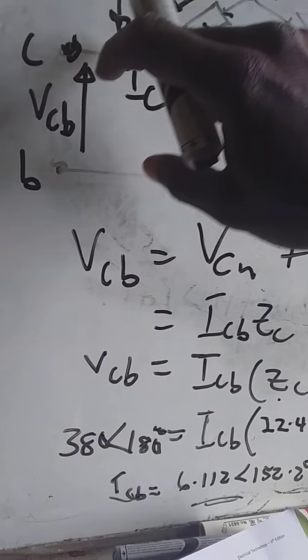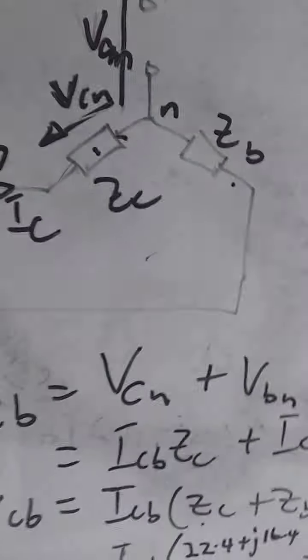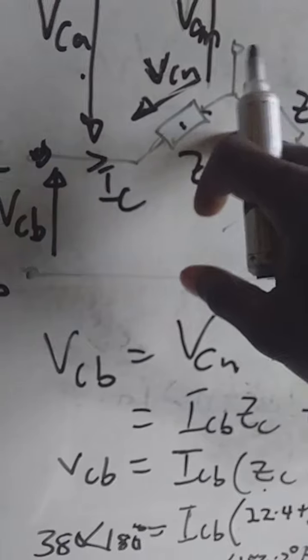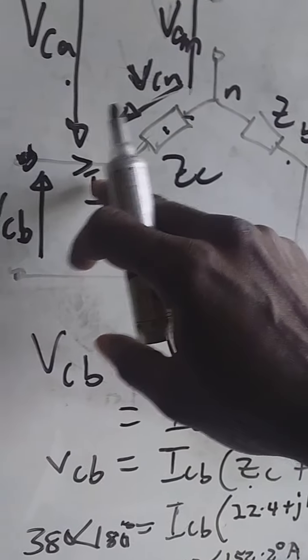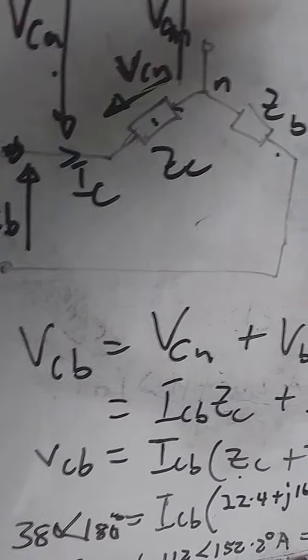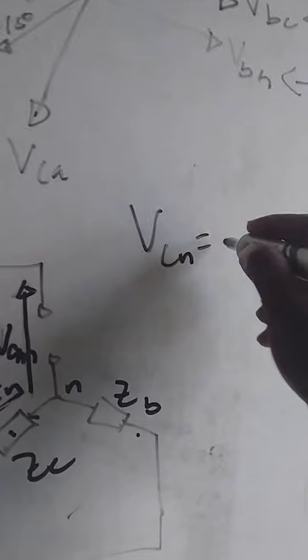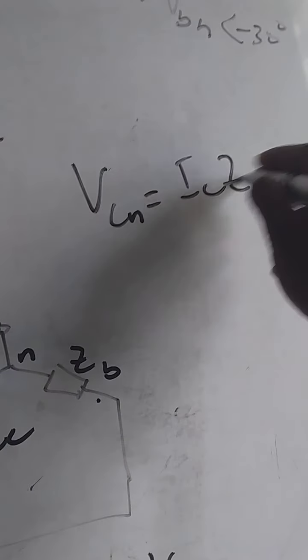Now that we have determined the current flowing from here to here, we can determine the voltage drop here. The voltage drop VCN will be equal to IC times ZC.